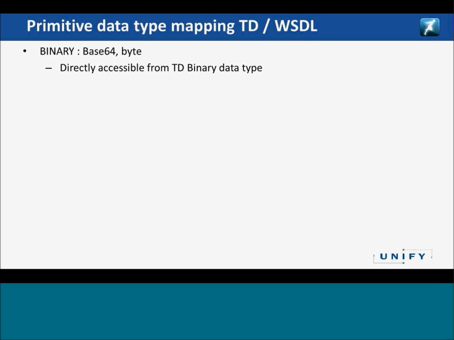First, the binary data type, directly accessible from TD binary data type. So there's no conversion you have to do if you get back a binary value from a web service, or if you pass a binary value to a web service, you can simply put in the TD binary variables or fields that contain binary data without any conversion.